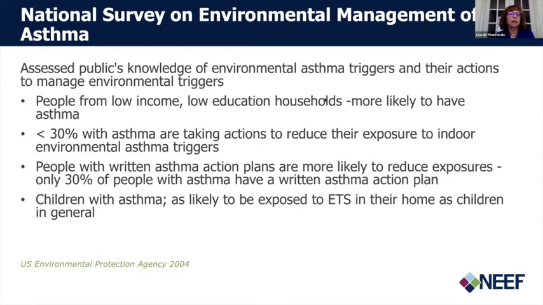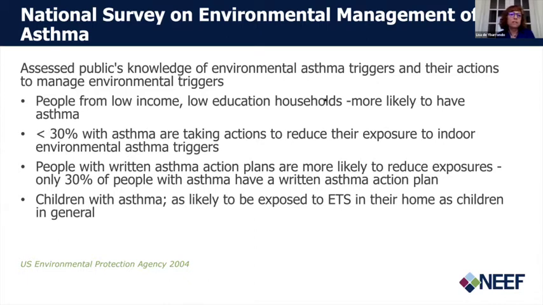All right, this national survey on environmental management of asthma was done by the EPA, and it assessed the public's knowledge of environmental asthma triggers and their actions to manage these environmental triggers. So they surveyed about 3,400 individuals with a history of asthma, and they found that people from low income, low education households were more likely to have asthma.